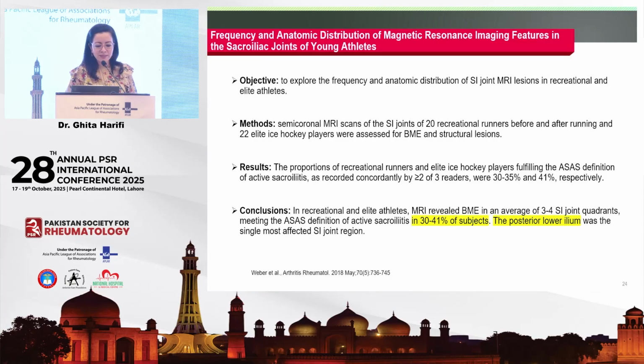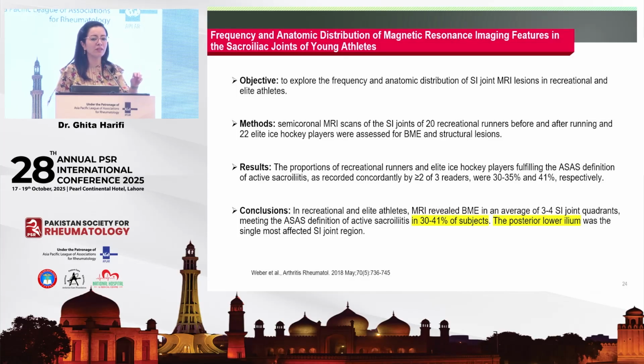And in fact, studies have shown that athletes can have significant amounts of bone marrow edema. In 30 to 40% of these young athletes, this bone marrow edema can fulfill the ASAS criteria of active sacroiliitis. So we need to be careful, we need to take a good history, and we need to be a little bit critical when interpreting images of bone marrow edema, because we may overdiagnose.